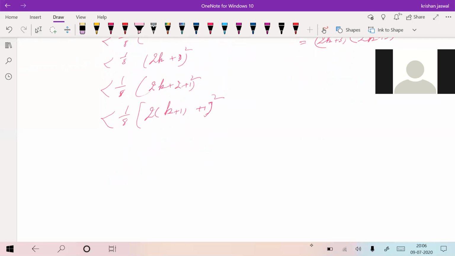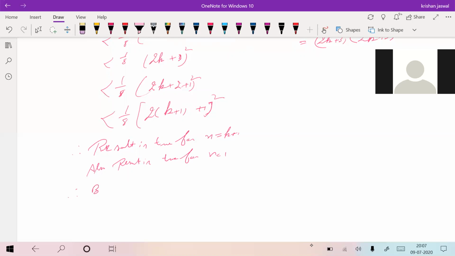Compare it with the answer. What is our statement? 2n plus 1, where we replace n by k plus 1. Therefore, the result is true for n is equal to k plus 1. Also, the result is true for n is equal to 1.